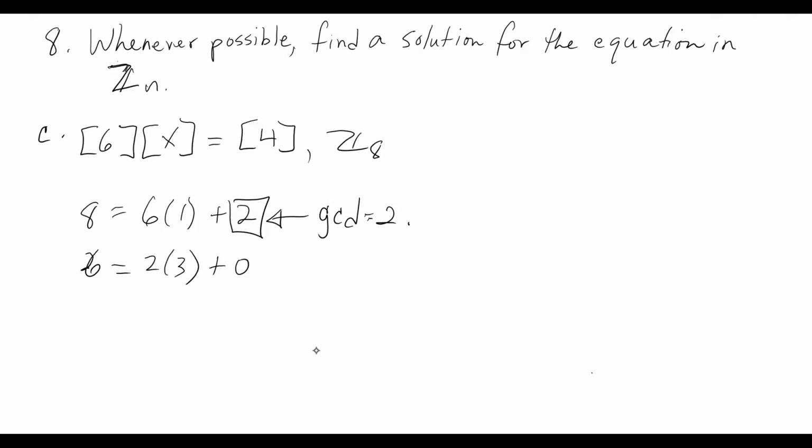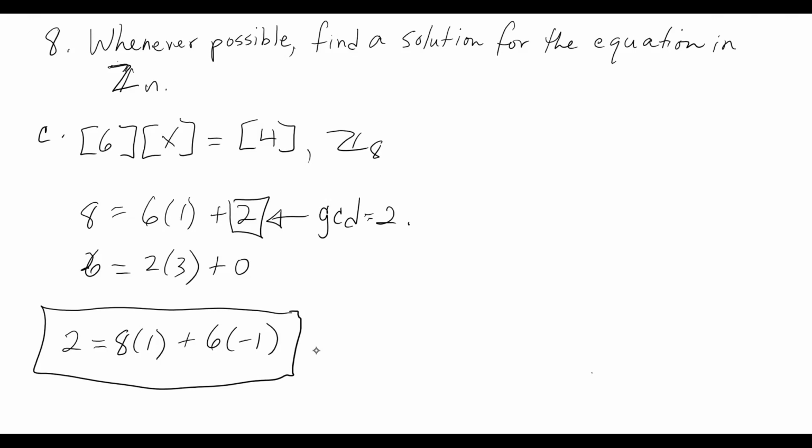Our goal was to write our GCD as a linear combination of 8 and 6. And so we can do that. We know that 2 is equal to 8 times 1 plus 6 times negative 1. And this is what's going to be helpful. However, we haven't determined whether or not there are any solutions to this.